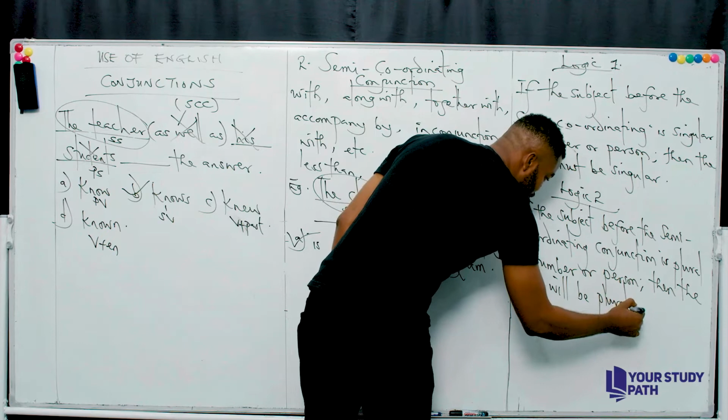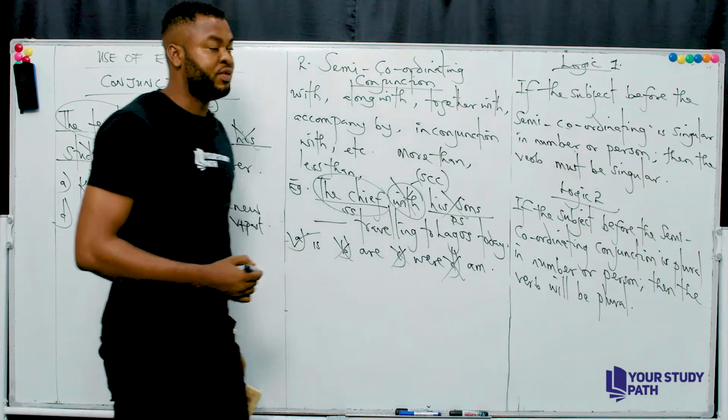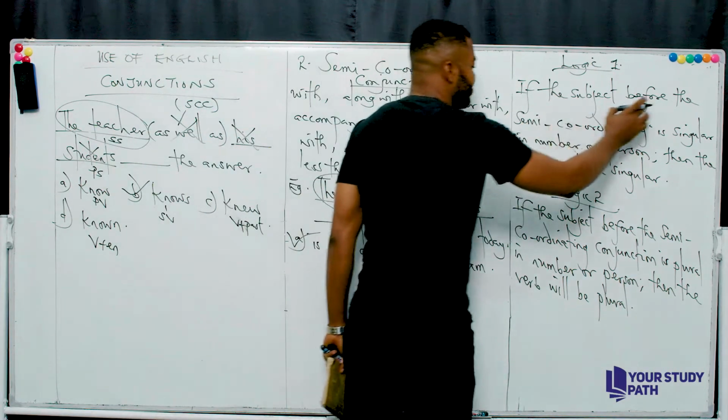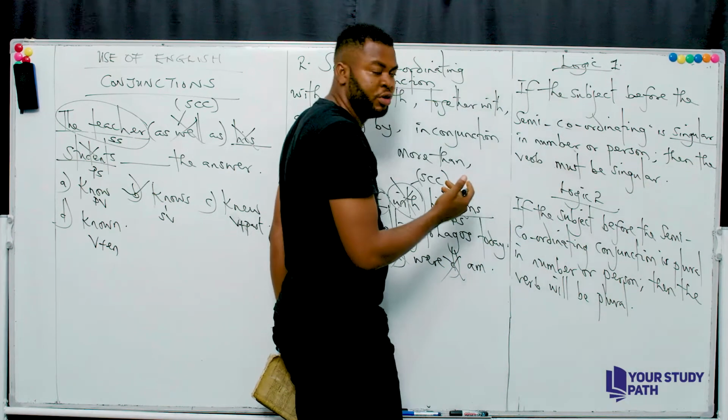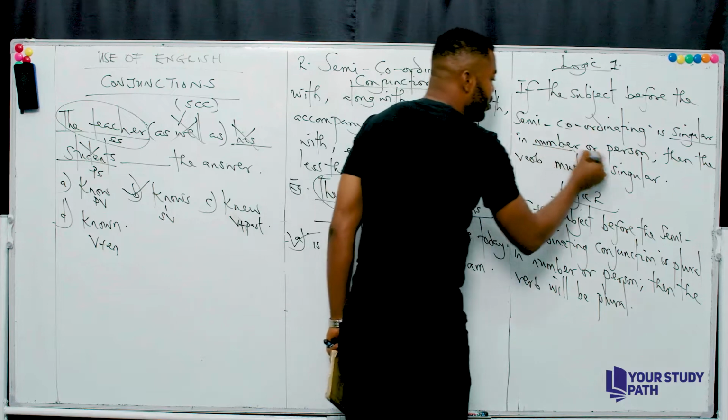Now that is logic 2. Take note of these rules. The first one is, if the subject before the semi-coordinating conjunction is singular, underline singular in your notebook, what would you have? A number or person.